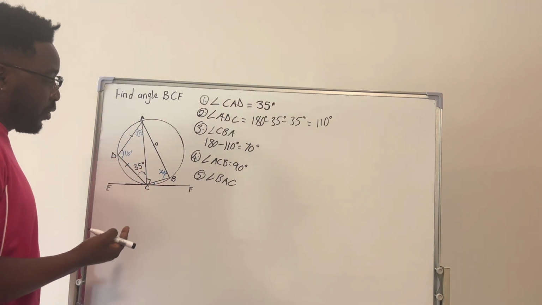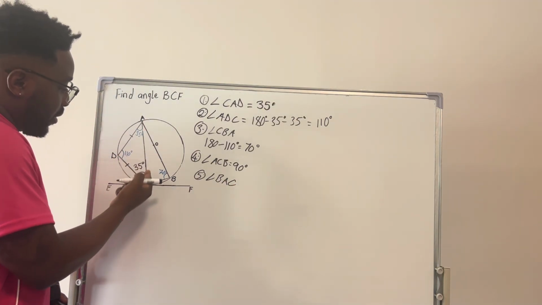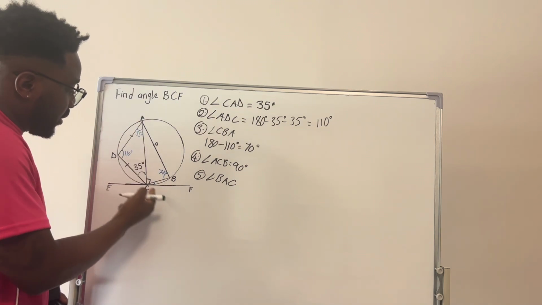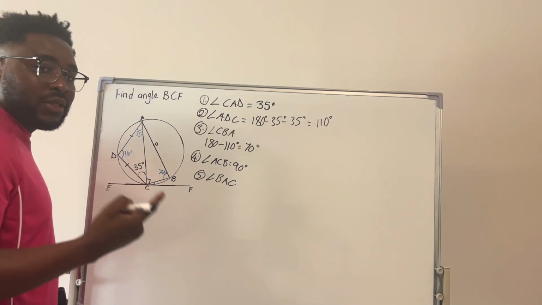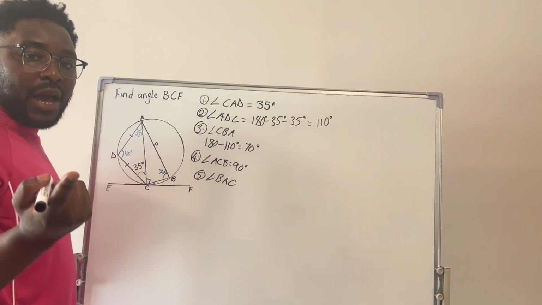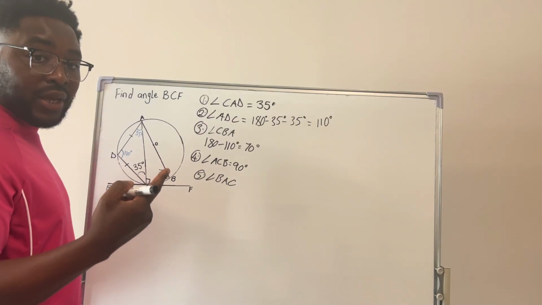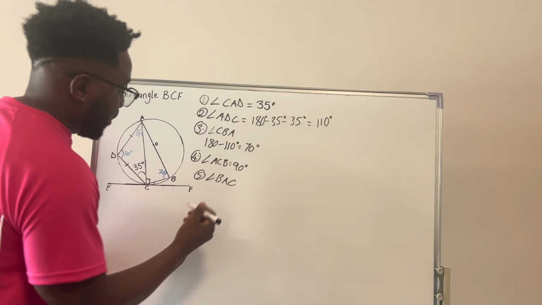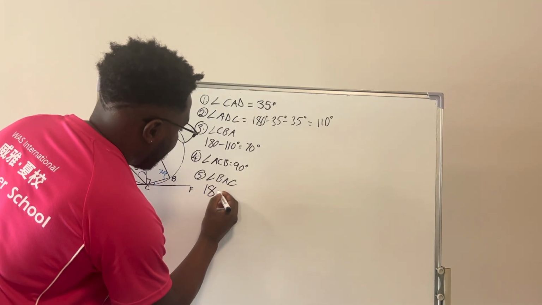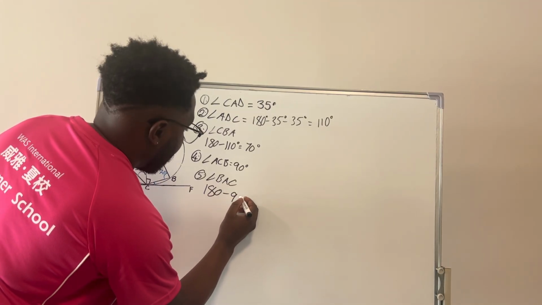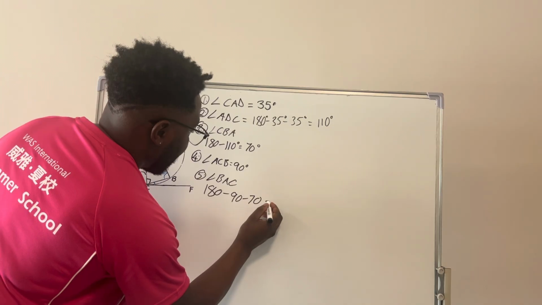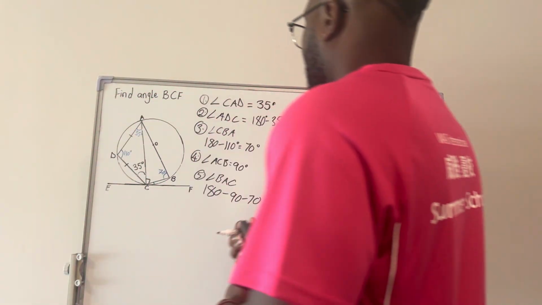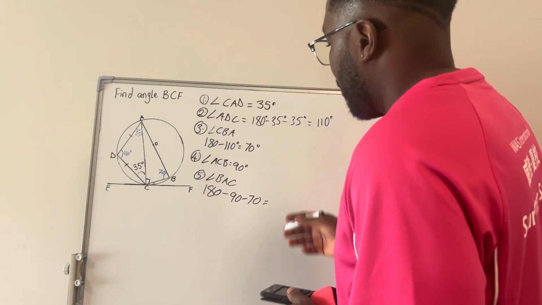We know that ACB is a triangle, and all angles in a triangle add up to 180. So we can find angle BAC by saying 180 minus 90 minus 70. So what does that give us?